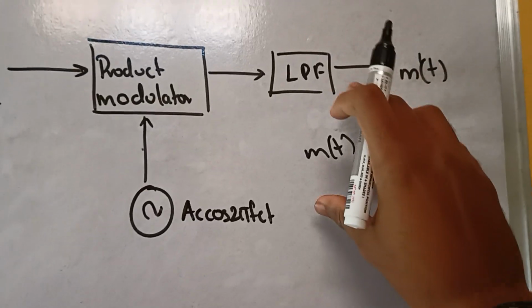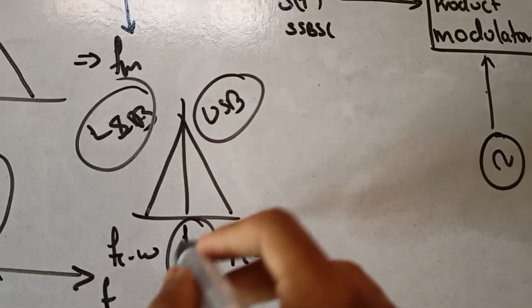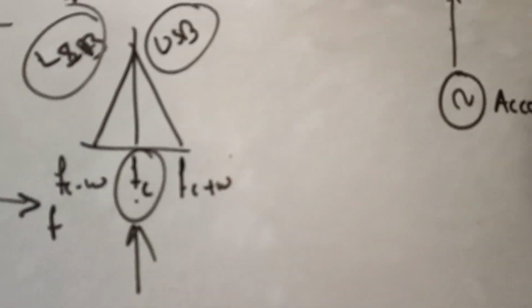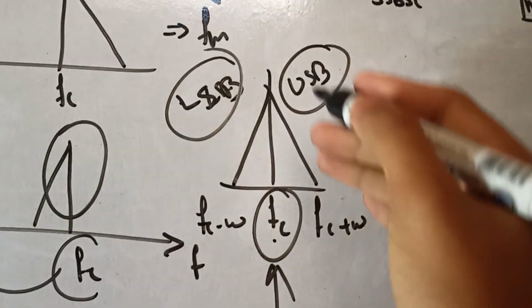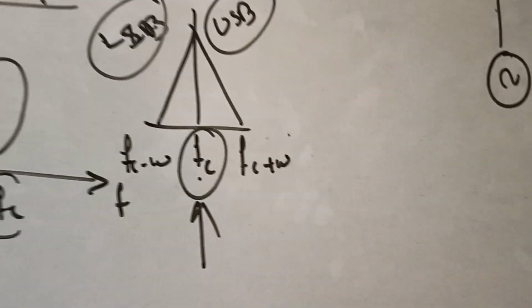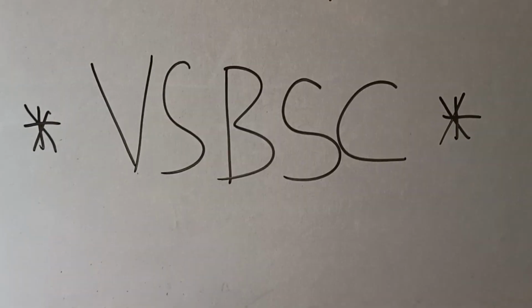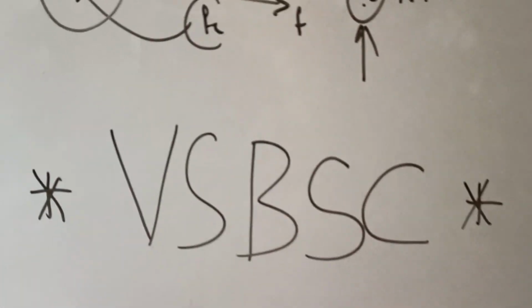And also we can see that both the sidebands meet at the same point, that is at FC. So at the LPF, or for the demodulator, it becomes very difficult to separate the lower sideband or upper sideband. That's why we are going to use the VSBSC model, that is vestigial sideband suppressed carrier.